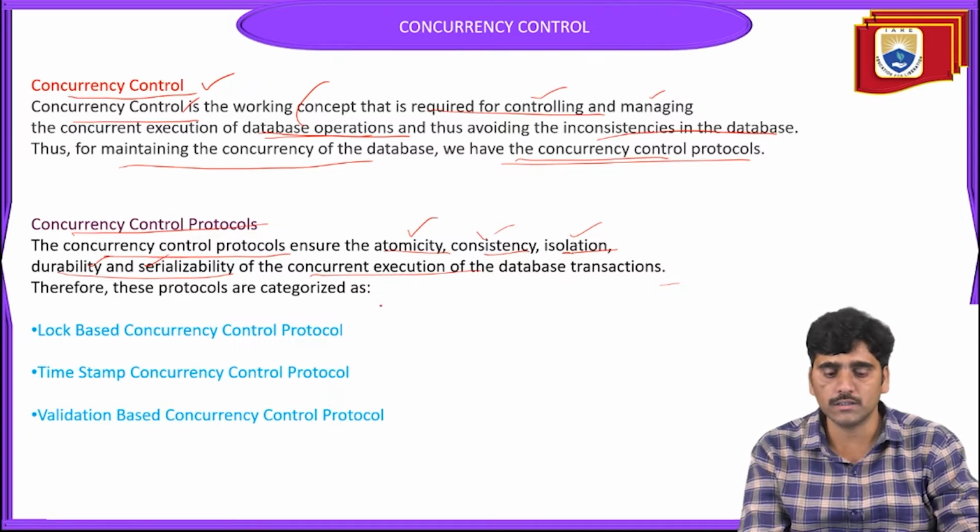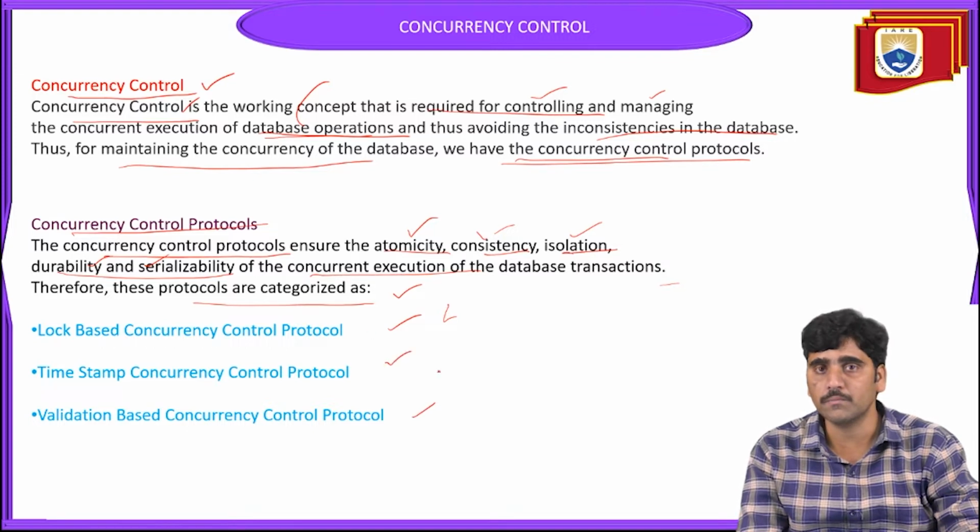Based on that, the protocols are categorized as follows: first, the log based concurrency control protocol, simply log based protocols; second, the timestamp concurrency control protocol, simply the timestamp protocol; and third, the validation based concurrency control protocol, simply the validation based protocol. These protocols are used to control concurrent execution in transaction management.